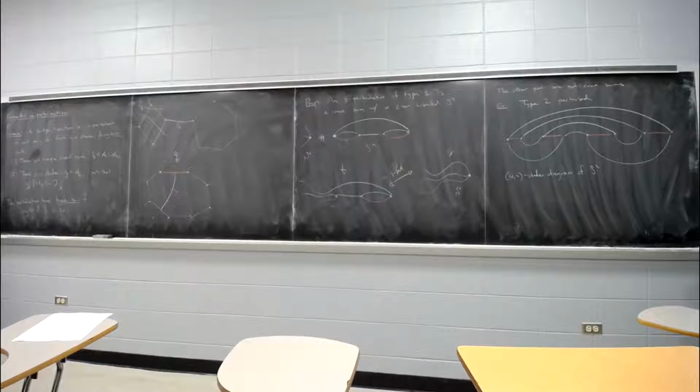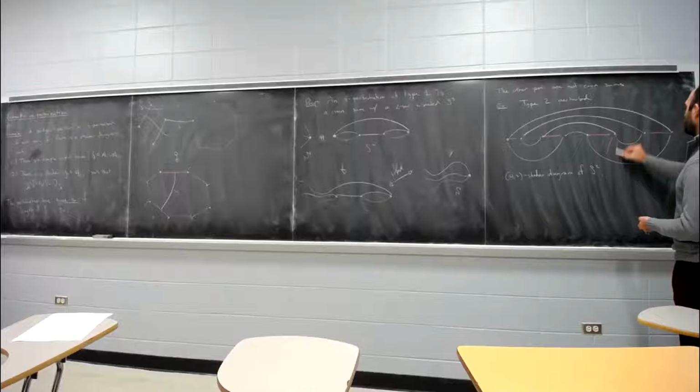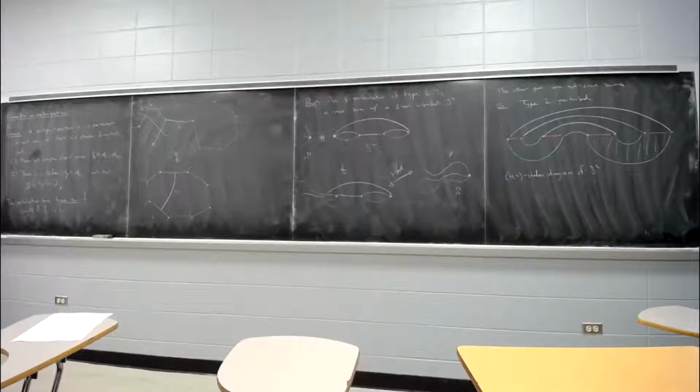So the graph itself cannot be split as a connected sum, in the sense of connected summing tricolor graphs. So this is not a connected sum, but there are many 2-perturbations. Take this bigon and any of the green arcs, or this square and any of the green arcs, and that would give the existence of a type 2 1-perturbation.